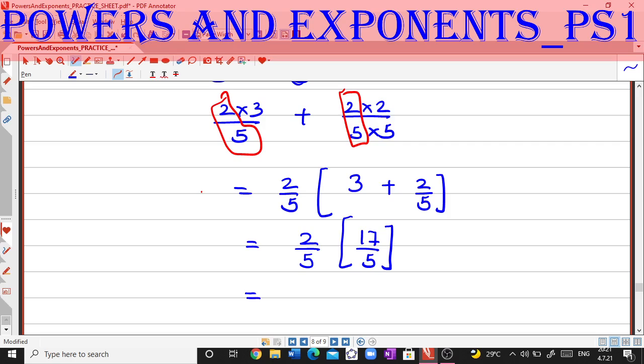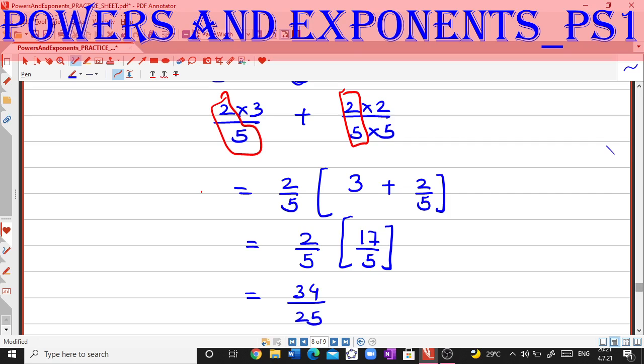Now multiplication of fractions, you know it very well. You have to simply multiply the numerator of the first fraction with the numerator of the second fraction, and multiply the denominator of the first fraction with the denominator of the second fraction. So this is going to be 17 2s are 34 and this is 5 5s are 25. So this is the final value of this particular question.